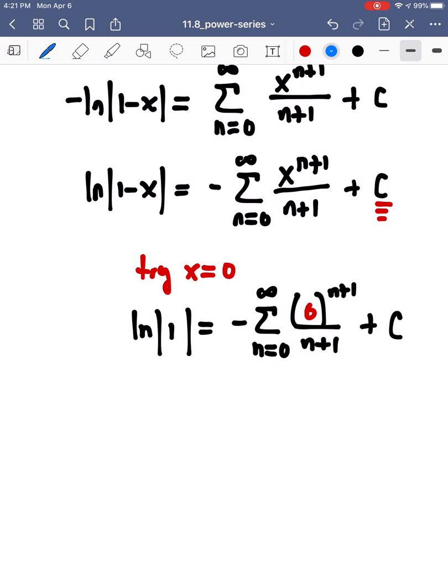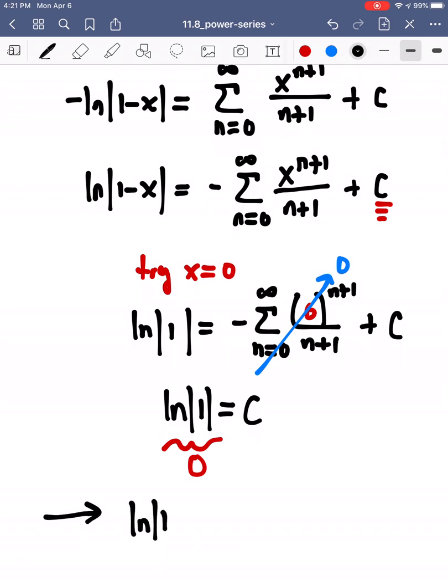And since this is just 0 raised to powers in every term, this entire series is 0. And what we get is c is equal to the ln of 1. But if you really remember your logarithms, the ln of 1 is just 0. So c is equal to 0.